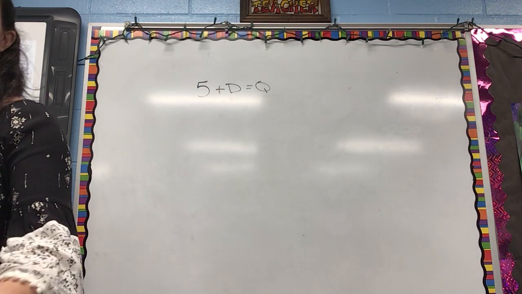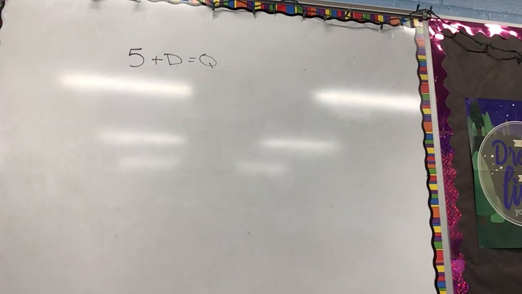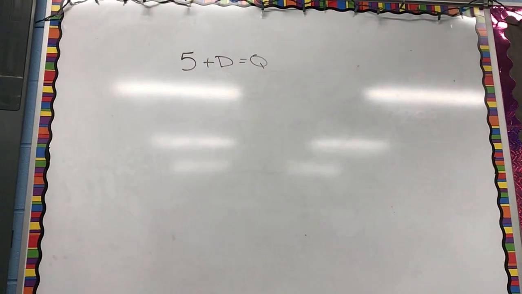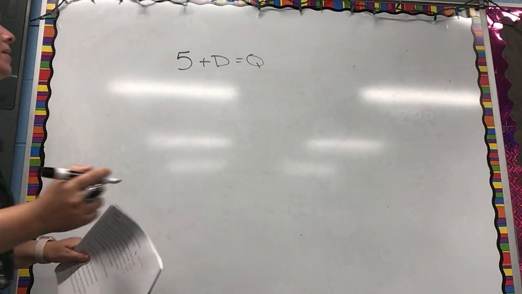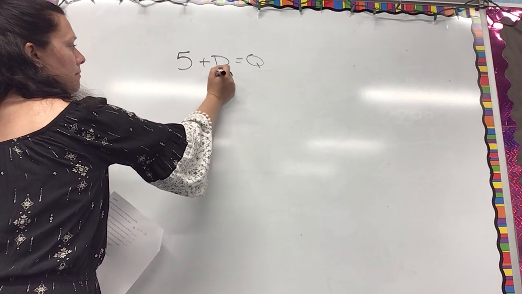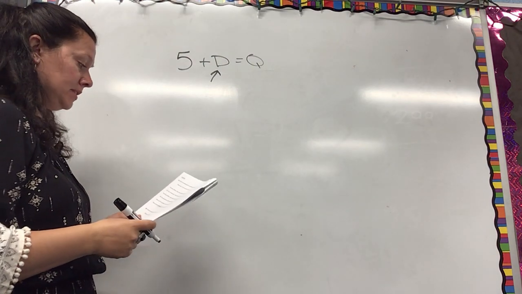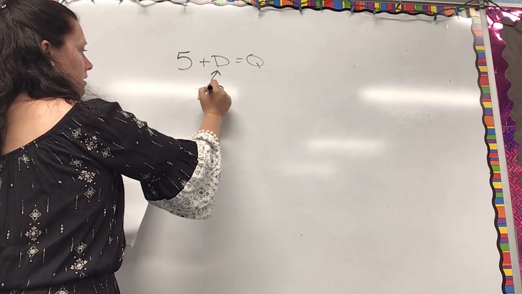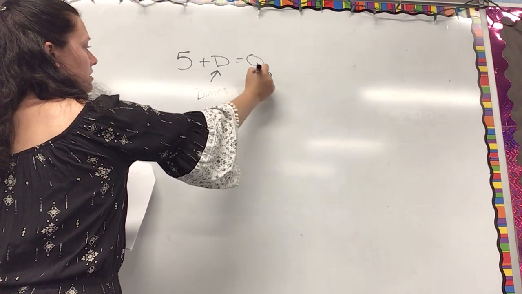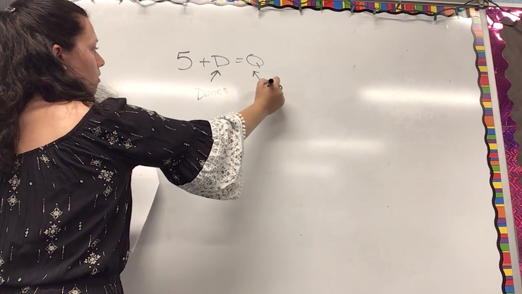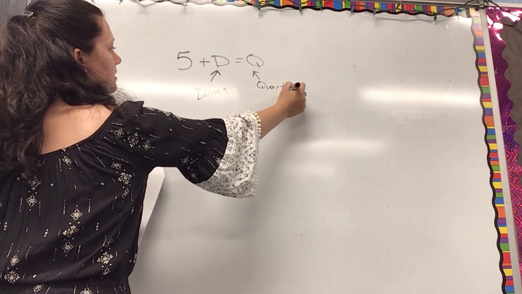What are those called? Those letters in math. Alyssa? Variables. Very good. So what are you having this D represent, Max? Dimes. And your Q stands for quarters. Very nice.